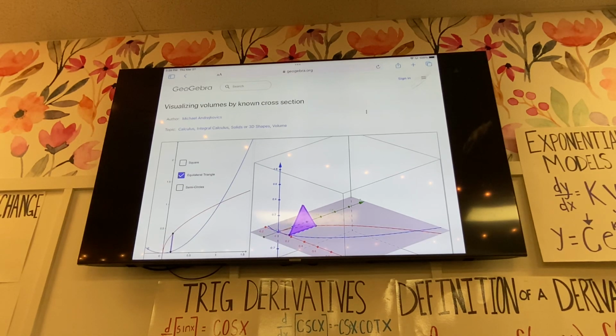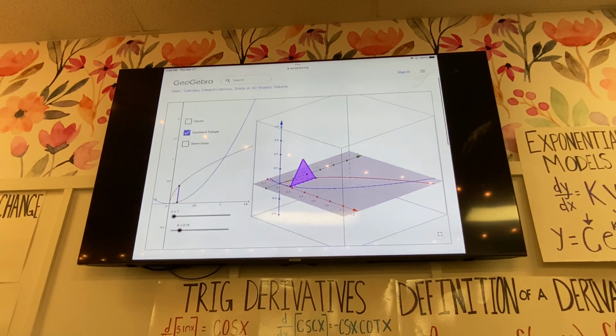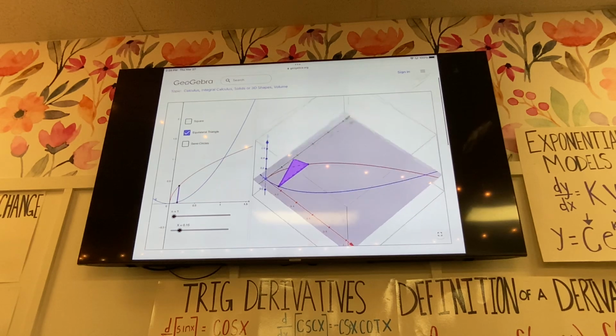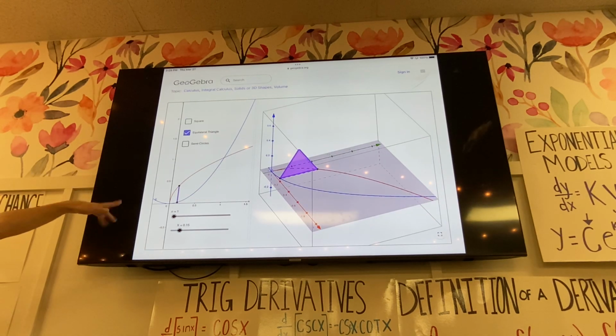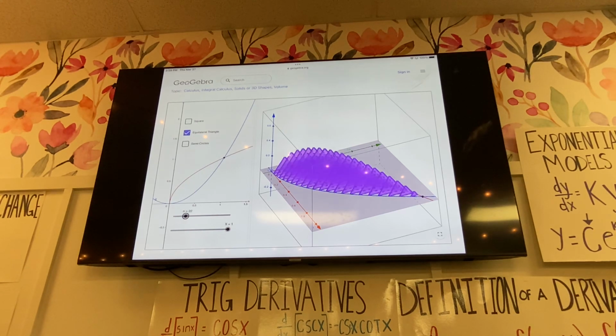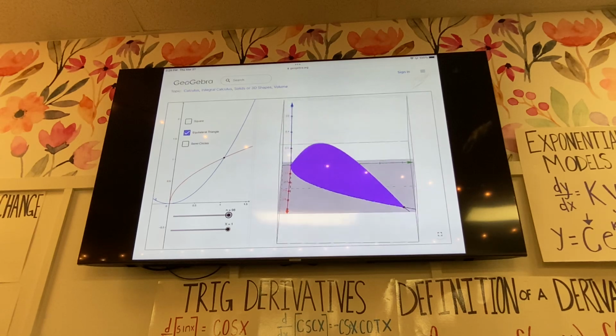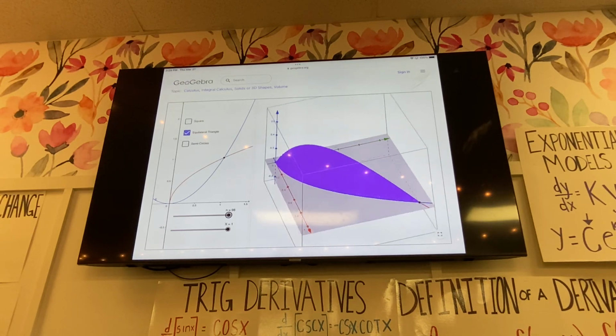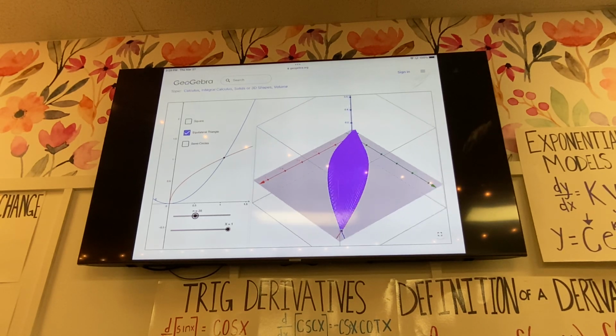Okay, so if you look at your cross section, do you see how the top minus bottom gives you one of your sides? So the area is going to be square root of 3 over 4, and then top minus bottom being squared, and then as you take this to infinity, it's going to give you that little shark fin that we saw yesterday with all the bajillion little triangles in it.